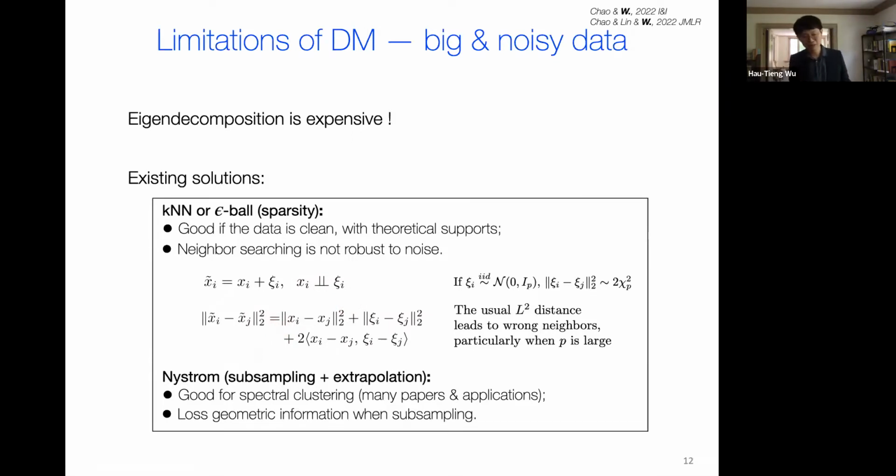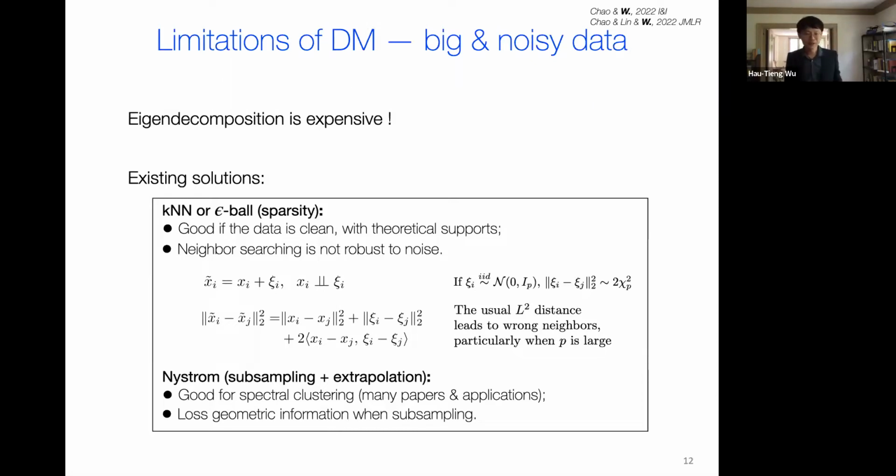But in practice, how can you control the strength of signal and the noise and the dimension? There's nothing you can control. And in many situations, the data is high dimensional, the noise is high dimensional, and the data is very noisy. And the third term will further come into play, right? This guy is also random, also it has mean zero. So we can say it is maybe less impactful, but you can see this guy may generate troubles, so that the so-called neighbors you find, or epsilon balls you find, are random, or inaccurate at least, right?